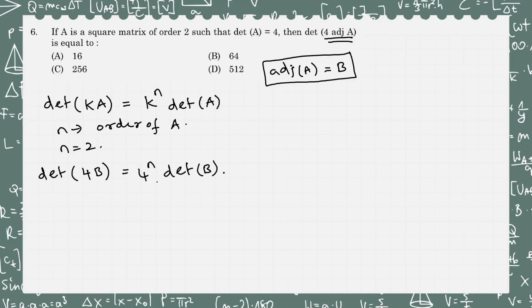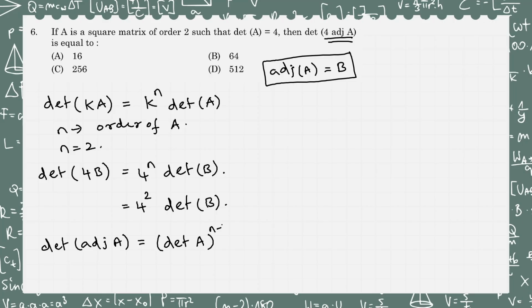Since here the order is 2, we can say this is 4 power 2 times determinant of B. Recalling another formula, determinant of adjoint of matrix A equal to determinant of A to the power n minus 1. So we are using two formulae over here.